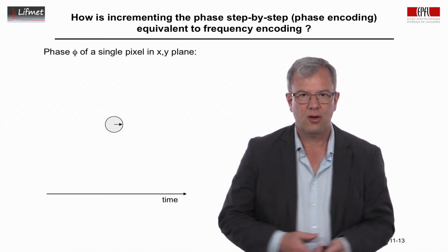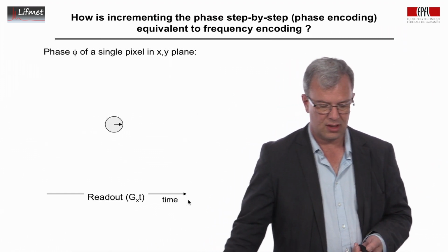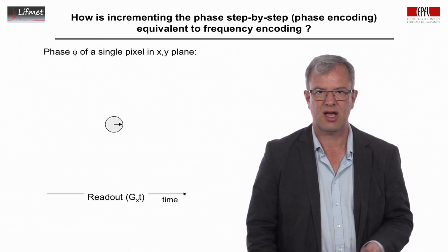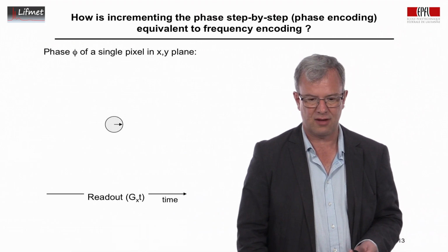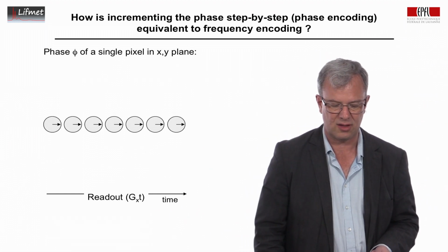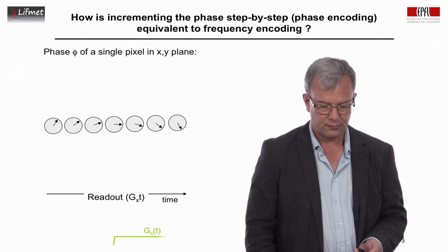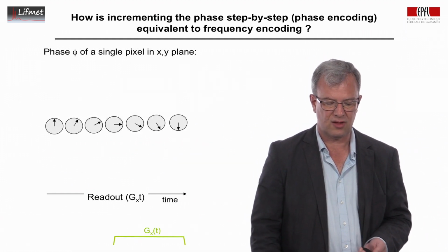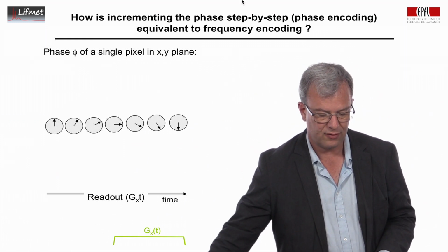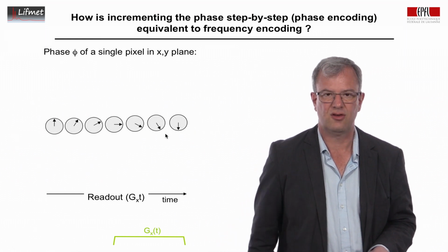And we'll plot the time on the horizontal axis. During that time, we have the readout, that is the gradient gx is on. So the phase is dependent on gx times t. We'll start out here. We apply the gradient along x, and over time, as we apply the gradient, the phase of our magnetization changes with time.